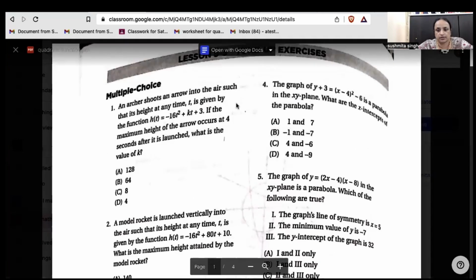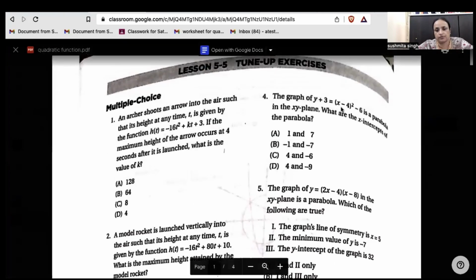Now similarly, over here, the graph of y + 3 = (x - 4)² - 6 is a parabola in the xy-plane. What are the x-intercepts of the parabola?